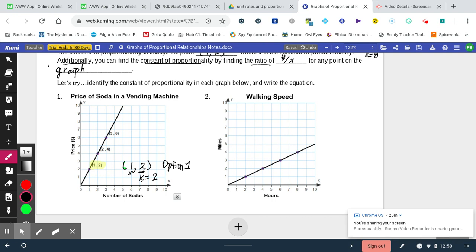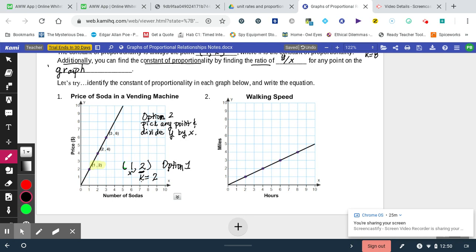The other option, option 2, is to pick any point and divide y by x.